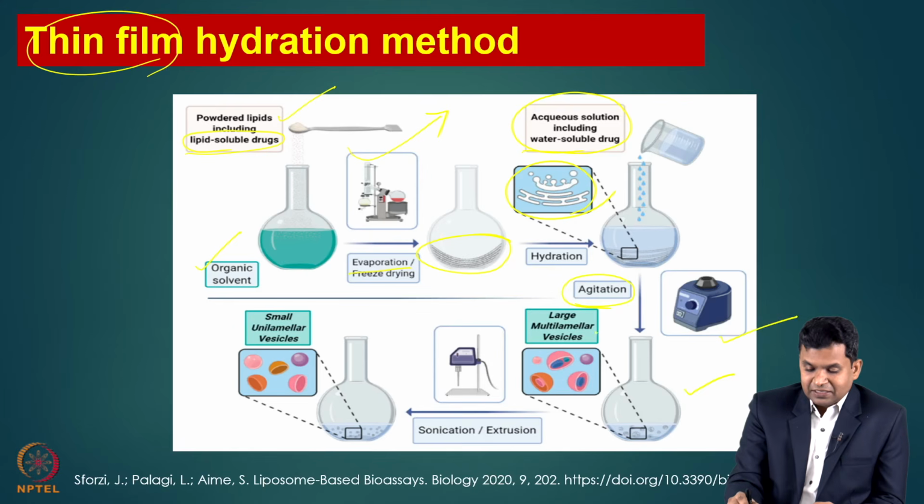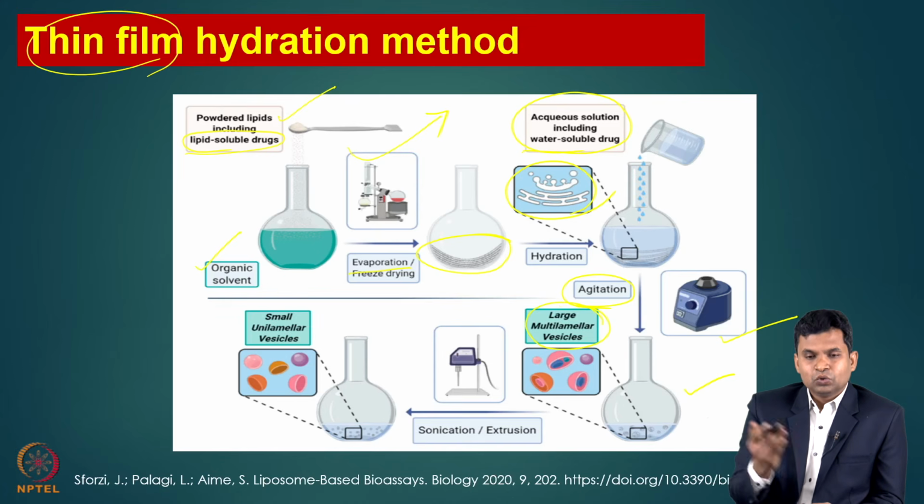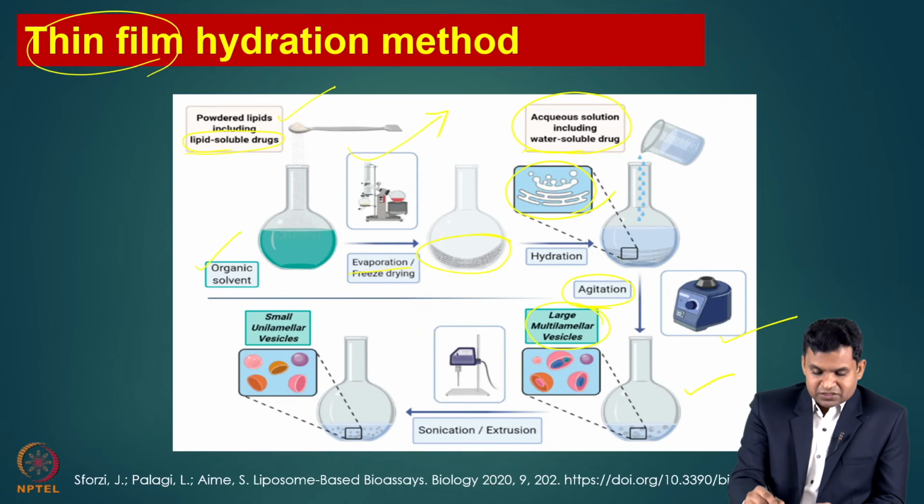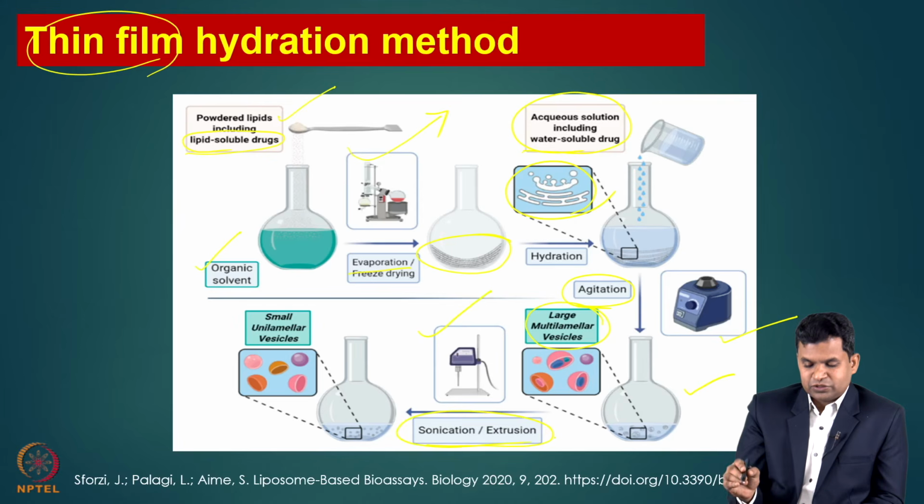So, you will get large multilamellar vesicles, which are not suitable for parenteral application. If you want to reduce the particle size, you must go with some disruption technique, that may be sonication or the extrusion method.